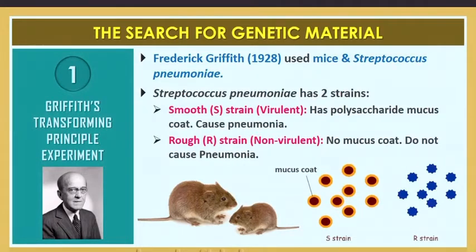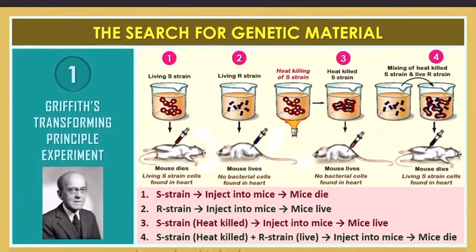And out of the two, S is very dangerous because it causes pneumonia, lung disease, whereas R strain doesn't cause pneumonia. And what is that he has done? He has performed an experiment wherein first he has taken the S strain and injected into the mice. Mice is small rat and it dies.